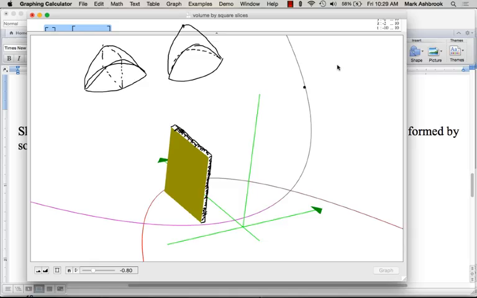Okay. How many of you started out with the volume of a typical square? Volume of a typical square is what? Side squared times change in x or y. It's going to be side squared times change in x.